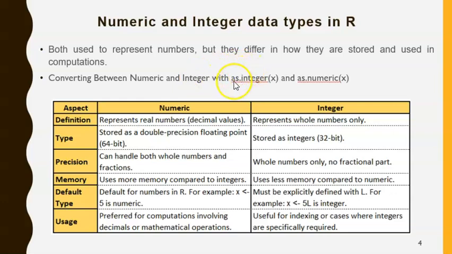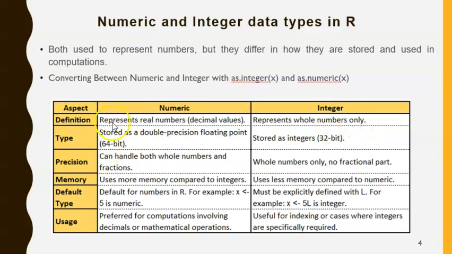So when you want to change the format of the number you have saved as a string, you need to specify if it is an integer or numeric. Numeric includes integer and decimal values, float values, but integer only covers whole numbers.